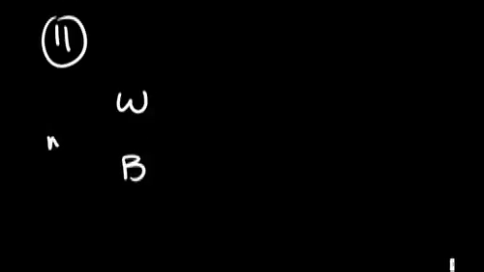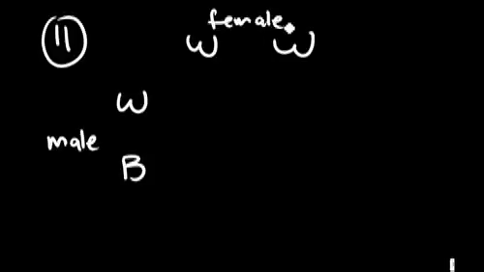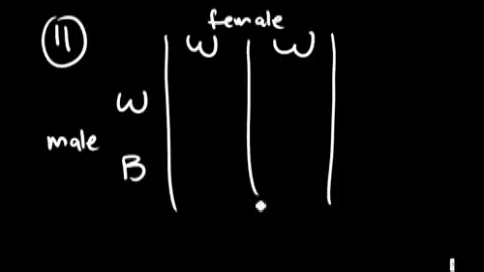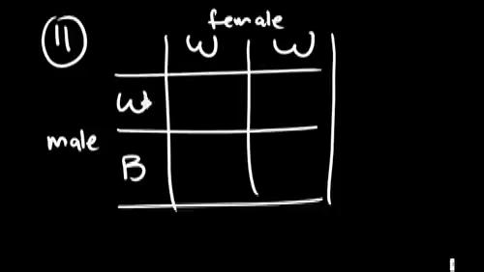Question 11. This is a genetic problem between mice. A male has both white and black fur color genes. The female has two white color genes. So we're going to take a look at what occurs in terms of the genes of their offspring.